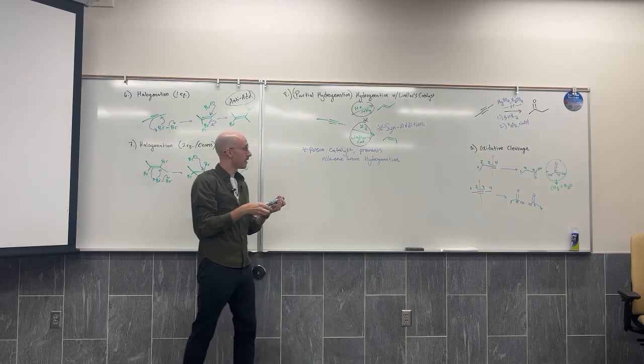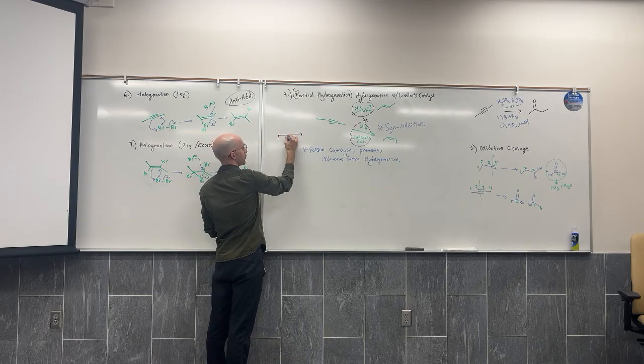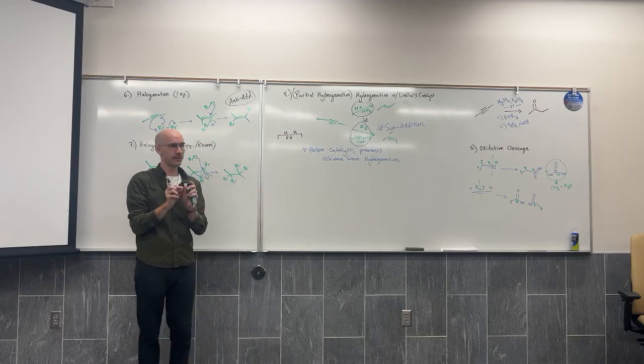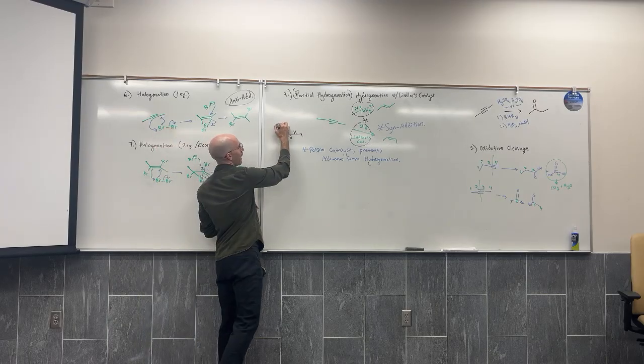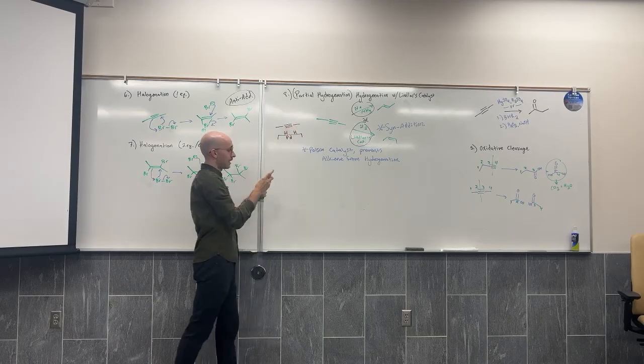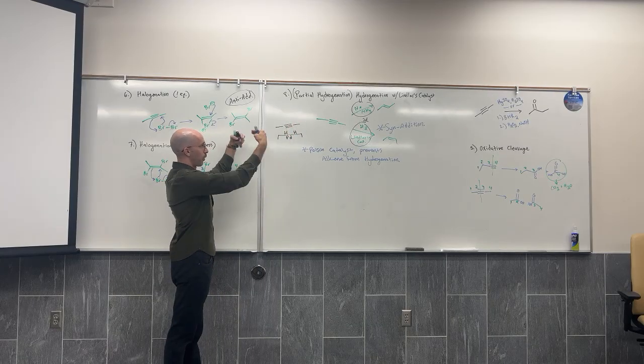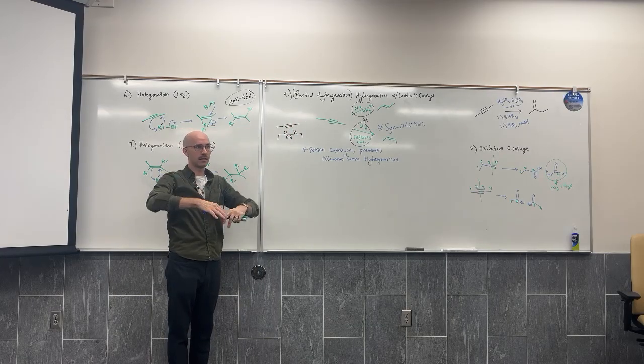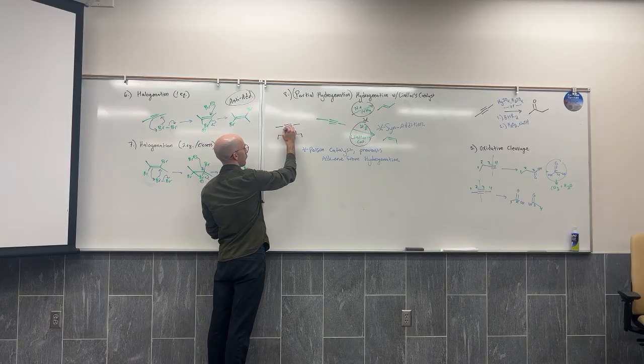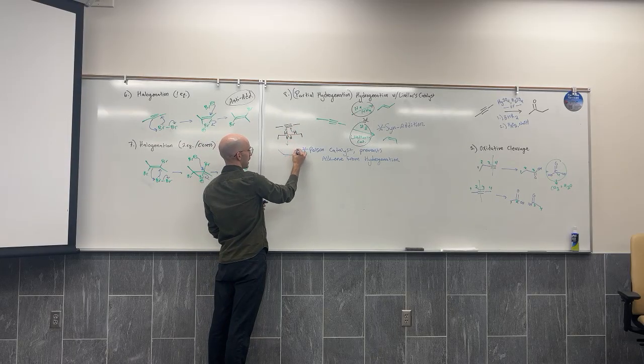It's because the palladium creates a surface that the hydrogen dissociates onto, and then the alkyne or the alkene actually approach it from one side, and they form their bonds from the same side.